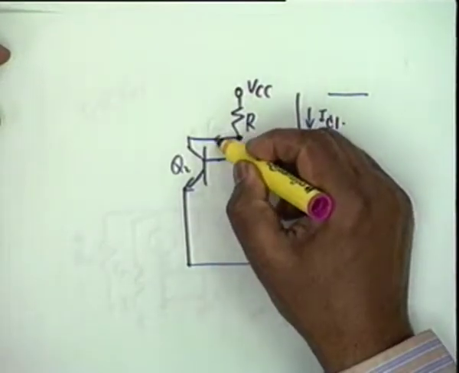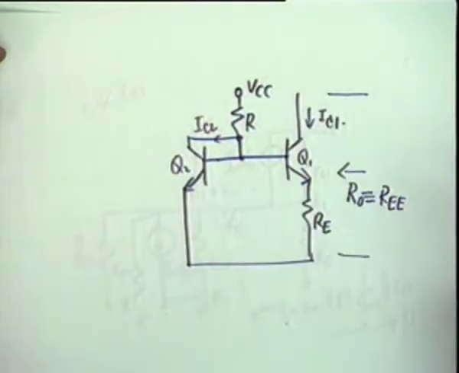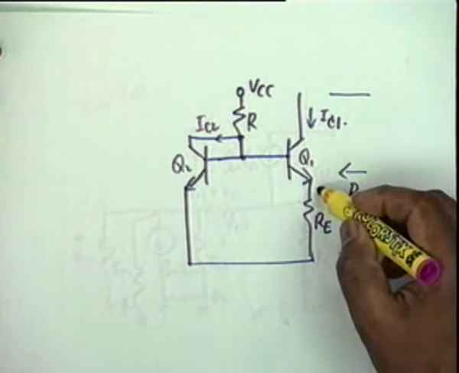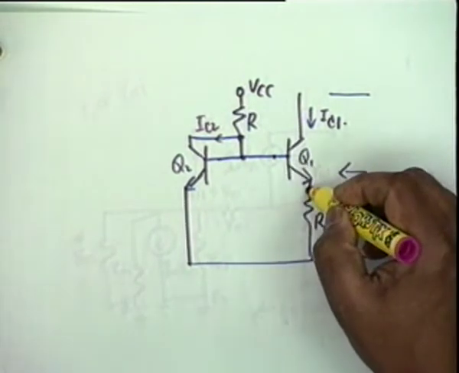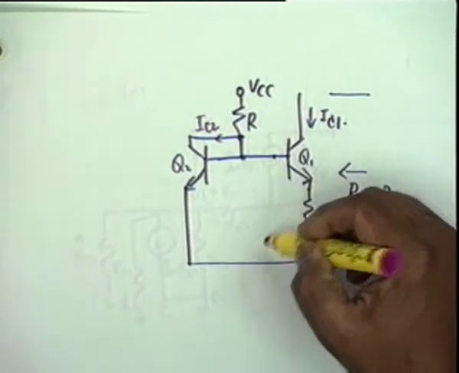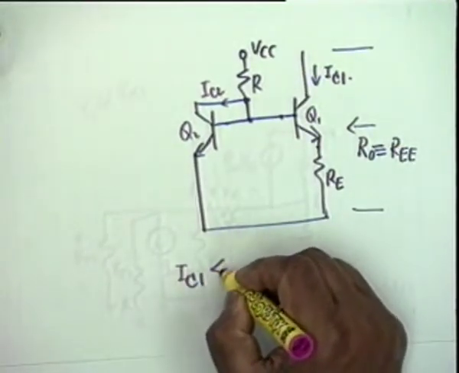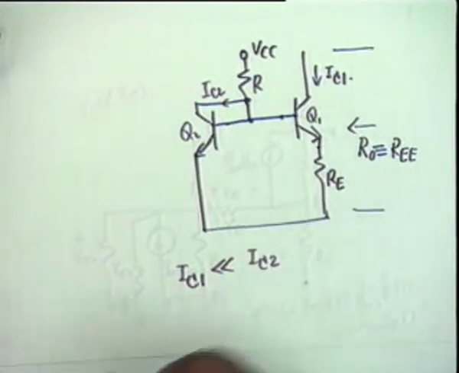IC1 and IC2, what is their relationship? Which one is greater? IC2. IC1 is much less because its VBE1 is less than this by this drop, and therefore IC1 is usually much less than IC2.